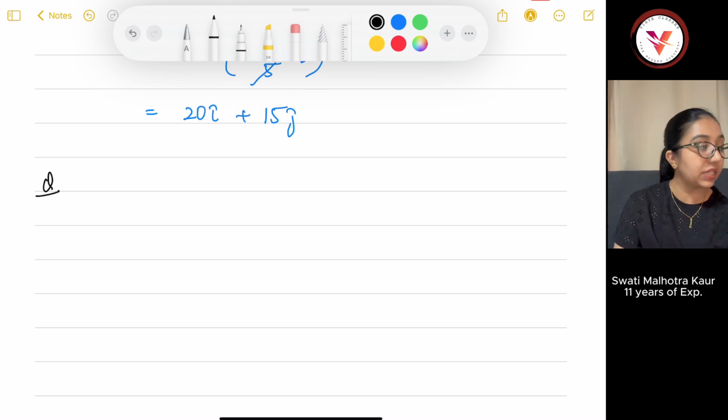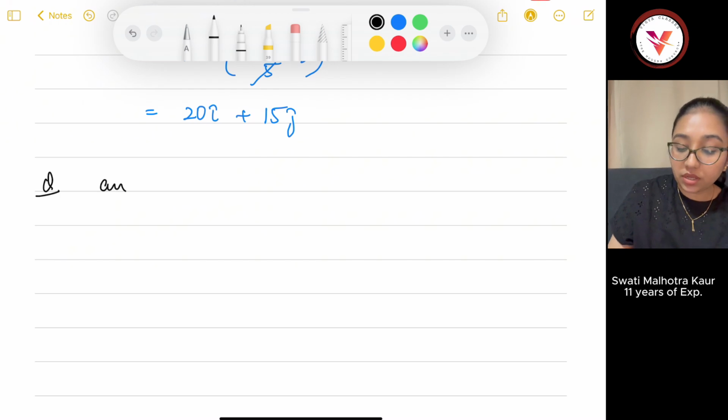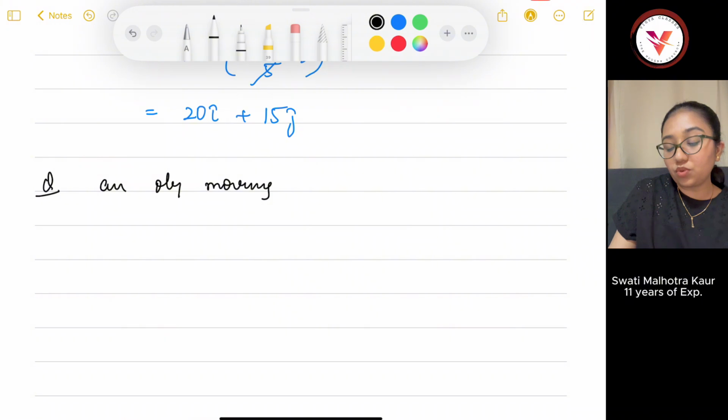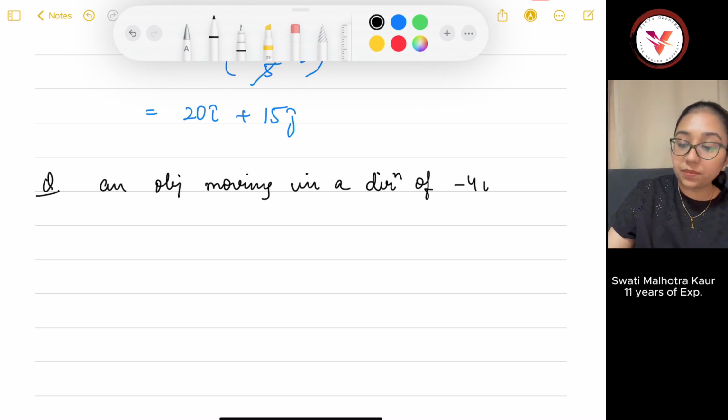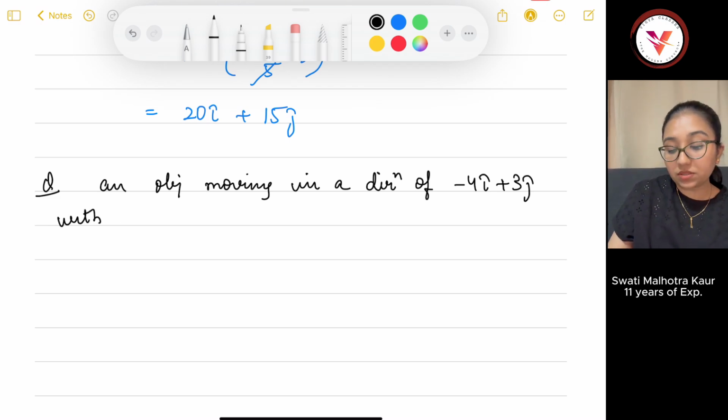Suppose there is an object moving in the direction of minus 4i cap plus 3j cap with a speed of 20 meter per second.